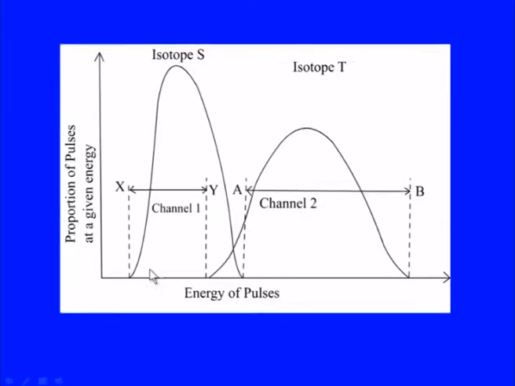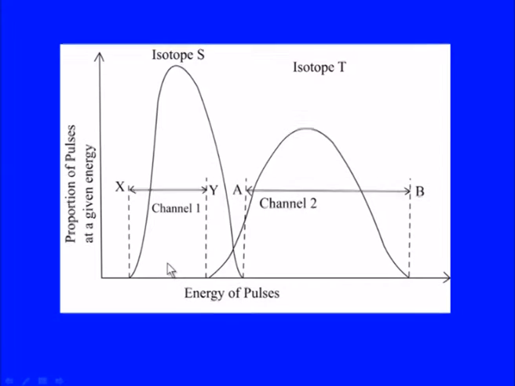Now, this could be internal standardization, external standardization, or channel ratios could be taken, where the sample is counted in two channels and the ratios are taken. Very briefly, in internal standardization, first the sample is counted and it gives a reading of, say, A counts per minute.